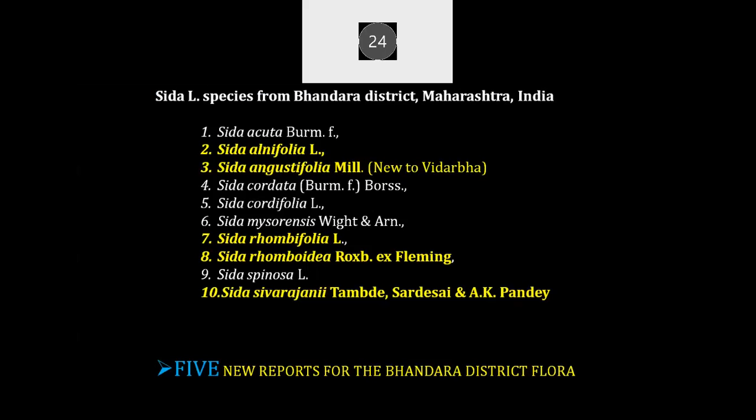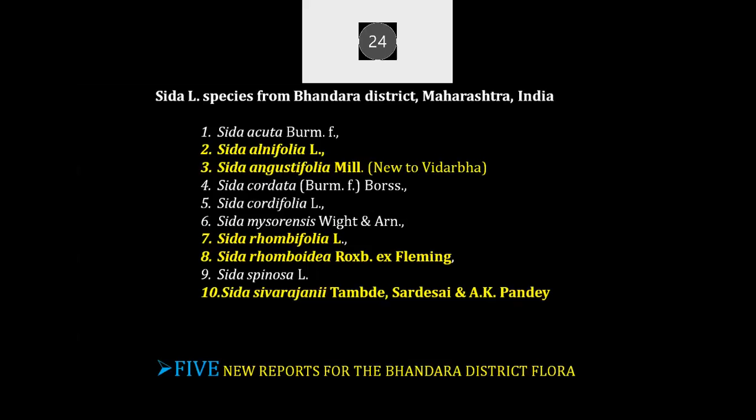So this is the summary of my work on the Sida species from Bhandara district. Those in white color were reported from Bhandara district previously: Sida acuta, Sida cordata, Sida cordifolia, Sida mysurensis, and Sida spinosa.